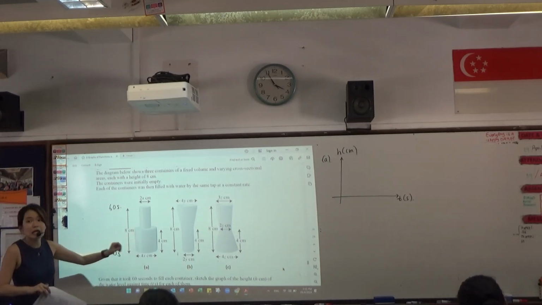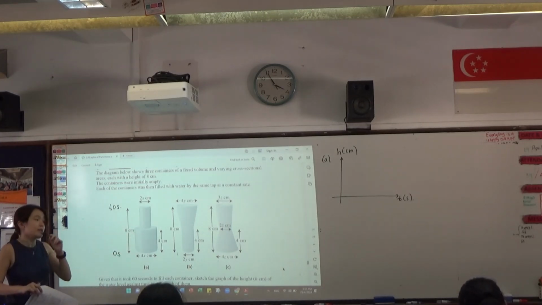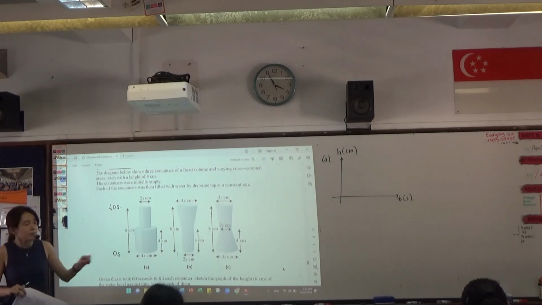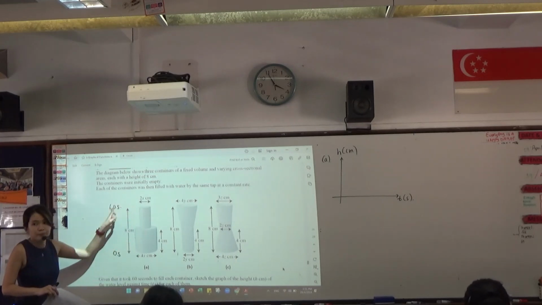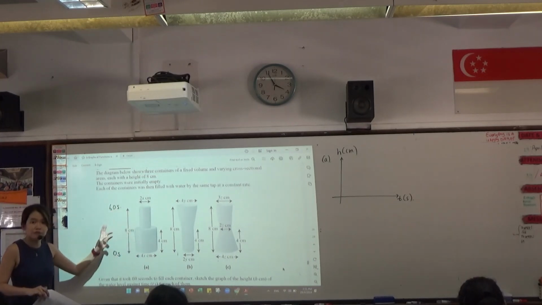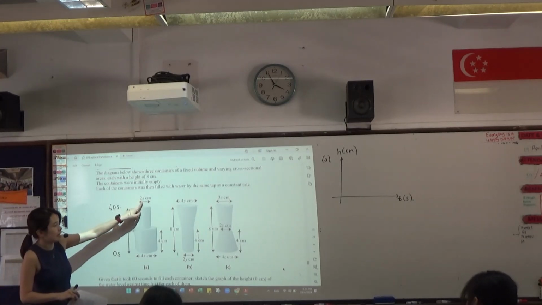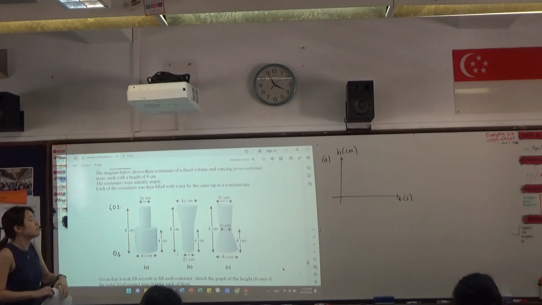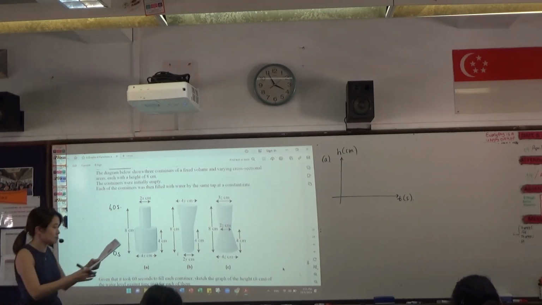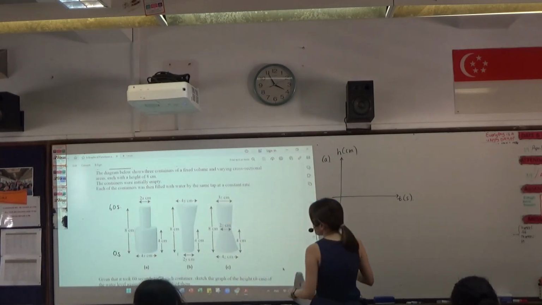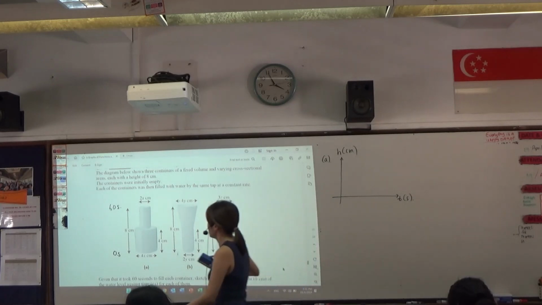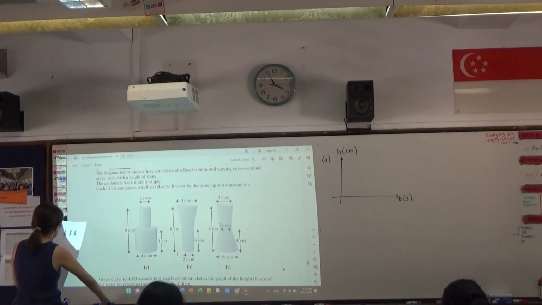So we are expecting a straight line to be drawn, and we can calculate this because we know the total volume. Okay, or rather we can go and calculate the total volume. Perhaps it is not numerical in value because of the fact that our radius is given in x. Okay, but we can calculate something out. Right? So let me just do the working here.